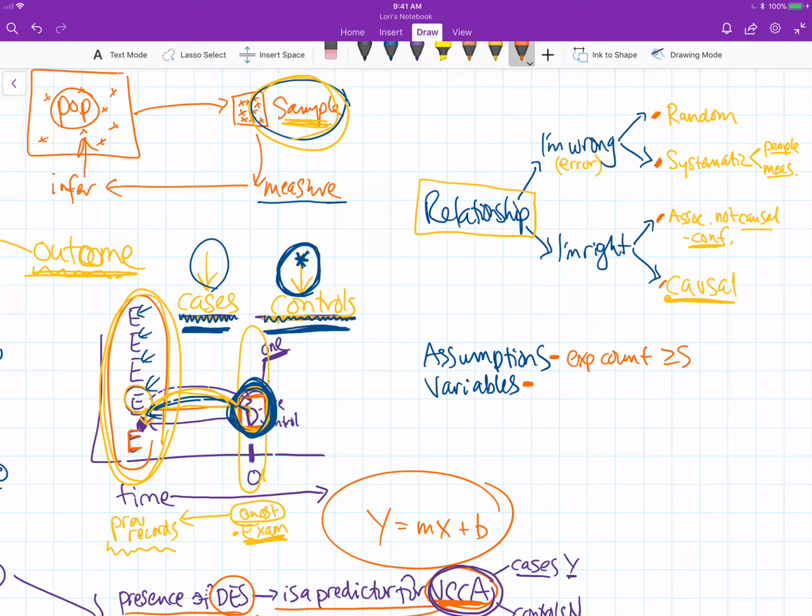But keep in mind all of these things: looking at the different reasons for the relationship, whether we have the correct variables, whether our assumptions are met so that what we are concluding is actually correct for that particular analysis. All of those are really important things to think about when we're doing a data analysis.